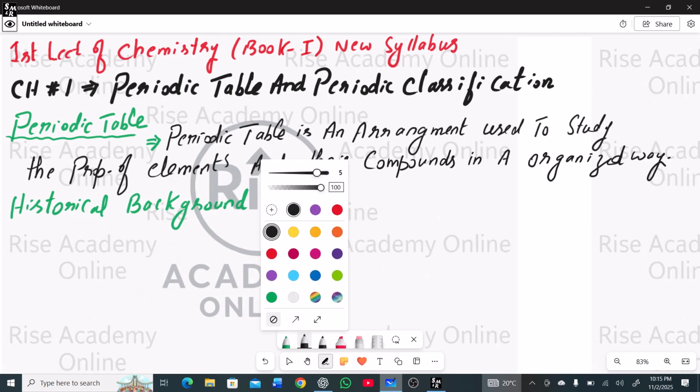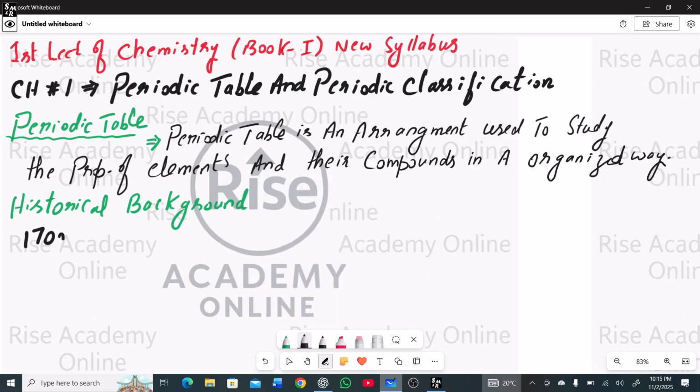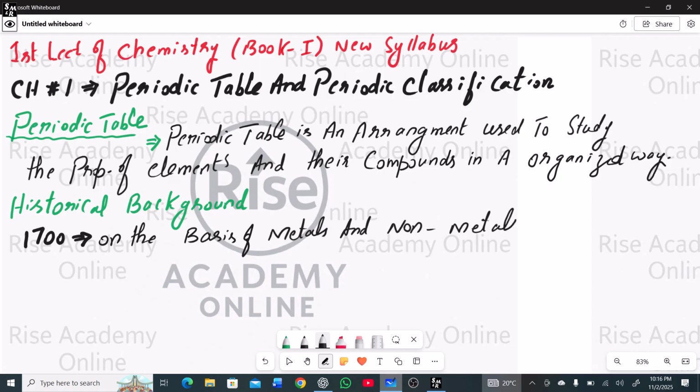The very first effort was done by a Muslim scientist in 1700, and he just classified the elements on the basis of metals and non-metals.